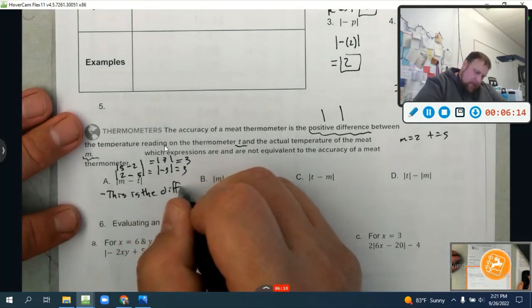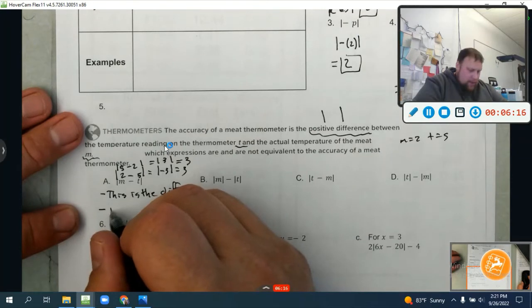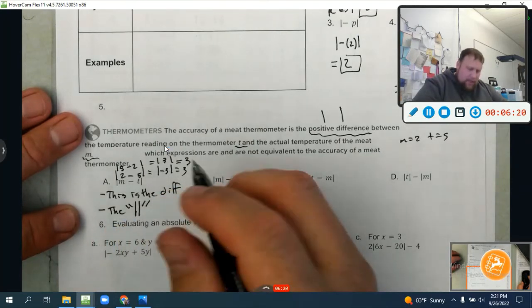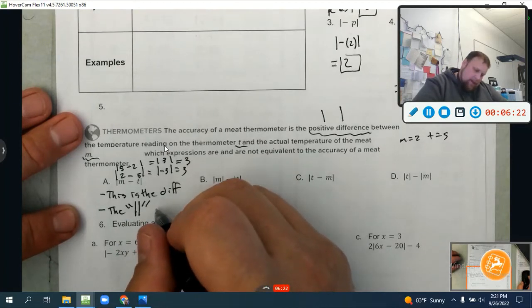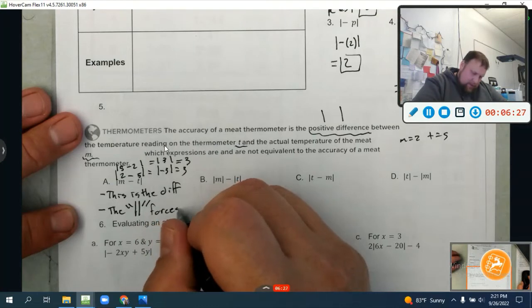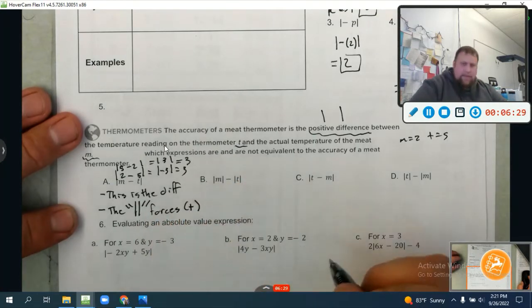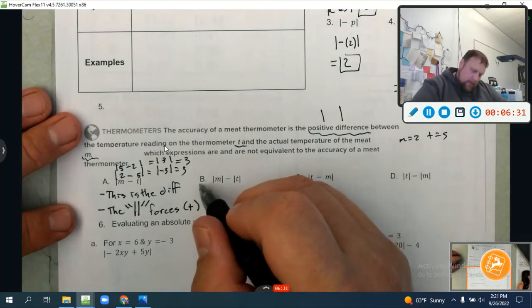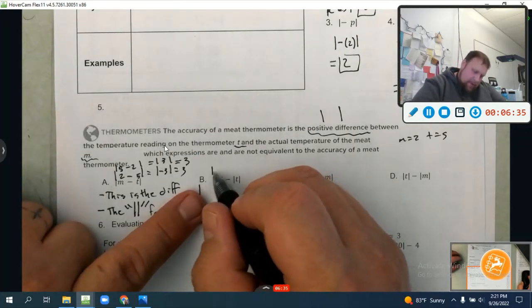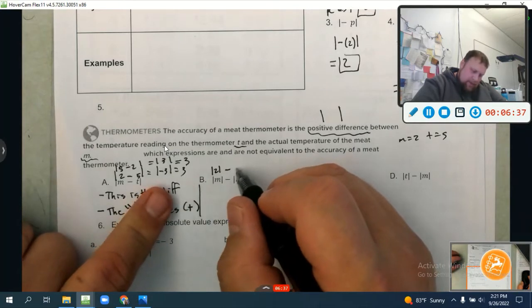And number 2, and I always put this in parentheses so we know it's not an 11, it's an absolute value sign. The absolute value forces a positive. I'm just going to draw a positive symbol. Let's look right here. Same deal. What if m is 2? So we have absolute 2 minus the absolute value of 5 for t.